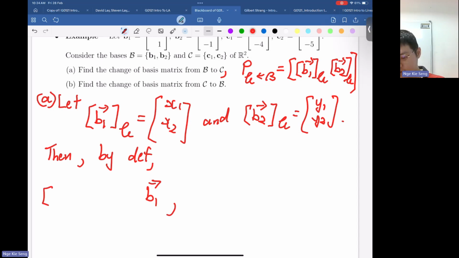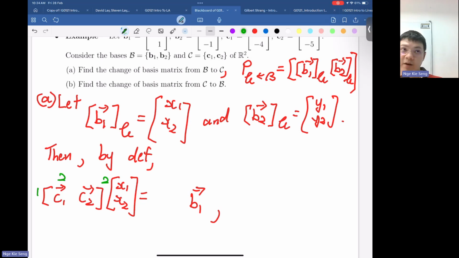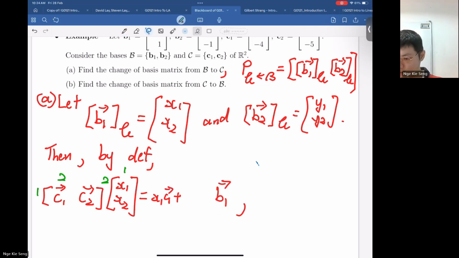So how do we write this? This is a more advanced way to write a linear combination: [C1 C2] times [x1; x2]. Let's verify this. Here is a 1 by 2 matrix, and then 2 by 1. If you multiply them together, you should get x1 times C1 plus x2 times C2.